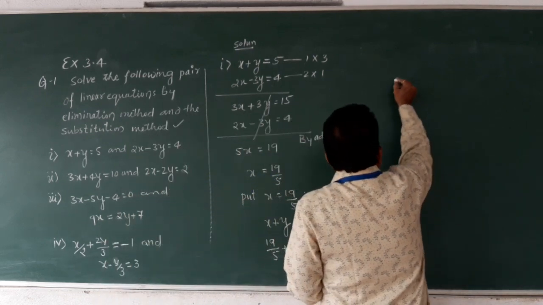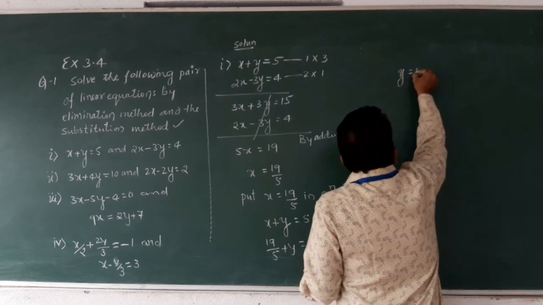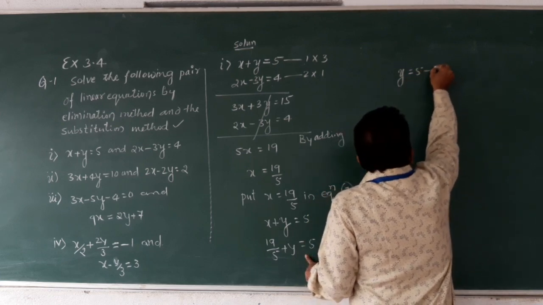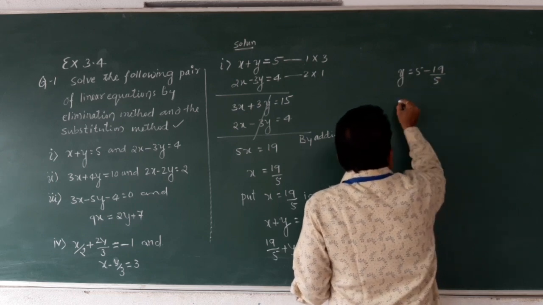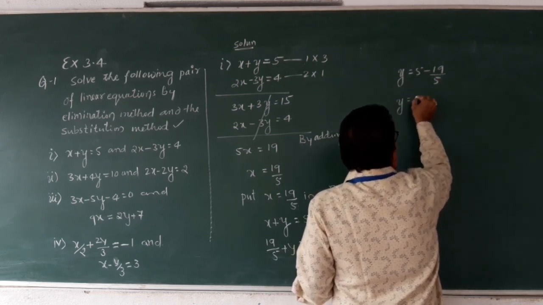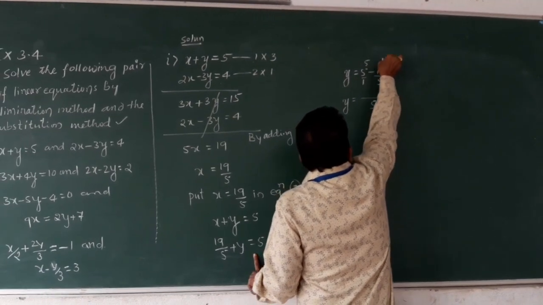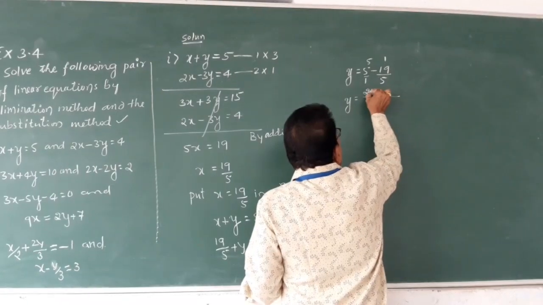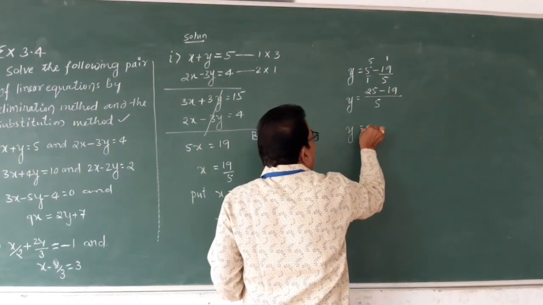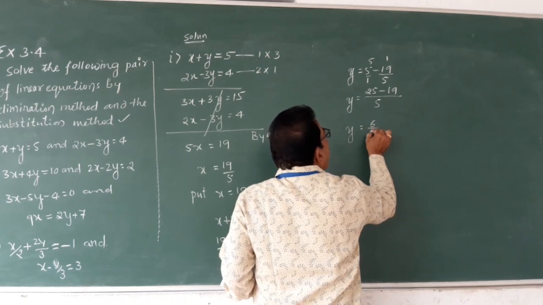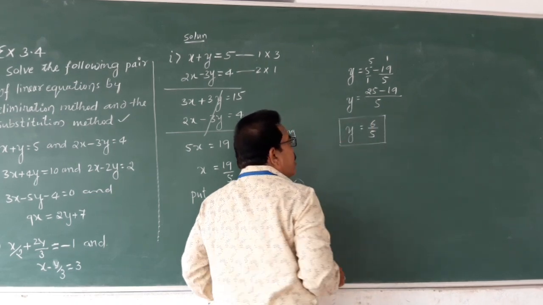Then let us transfer this one. y equals to 5 minus 19 by 5. Okay. y equals to, LCM 5, 1 5s are 5, 5 5s are 25 minus 19. That is y equals to 6 by 5.